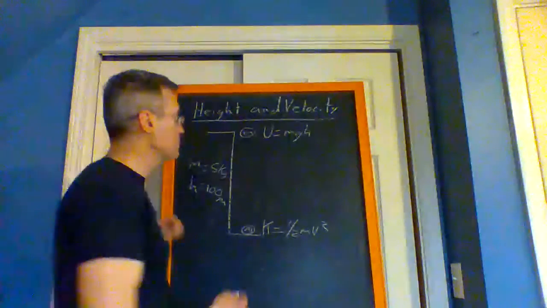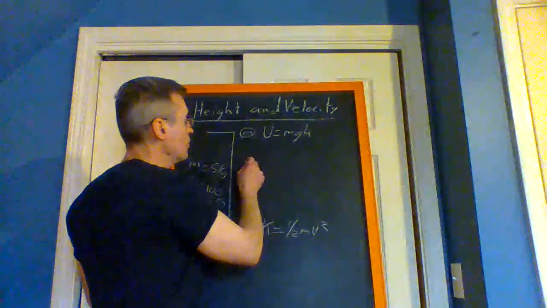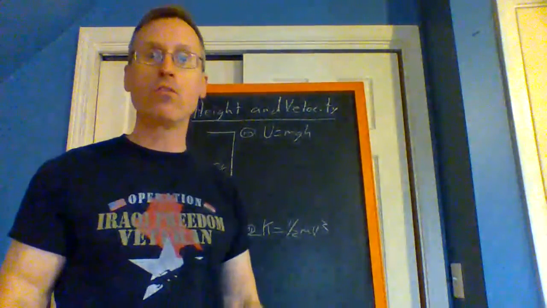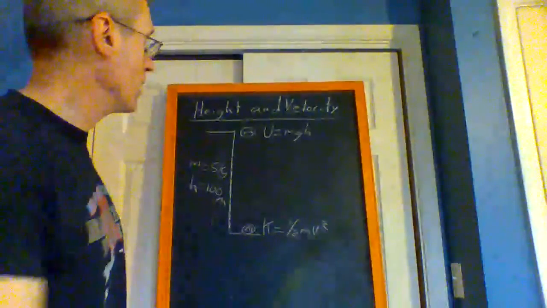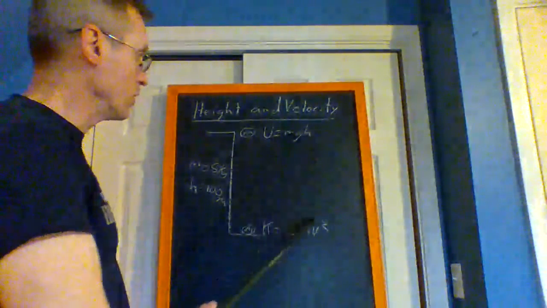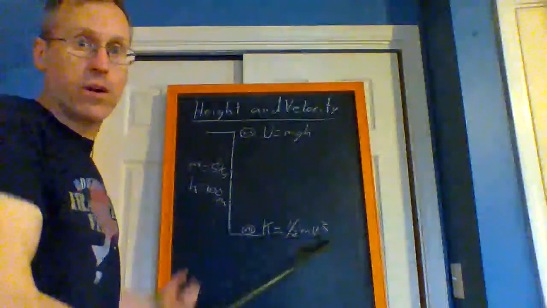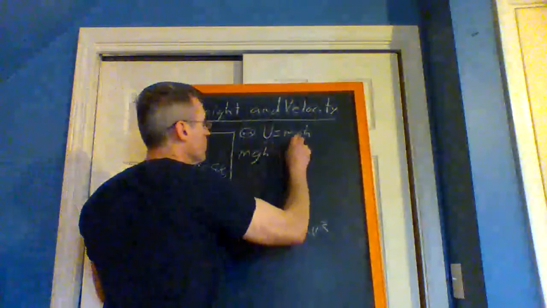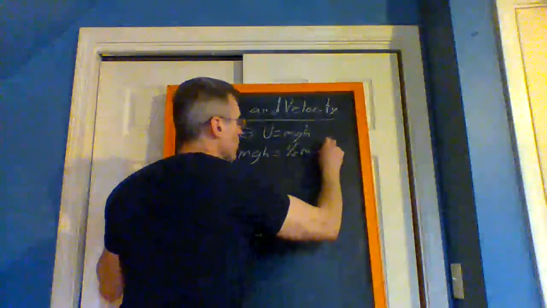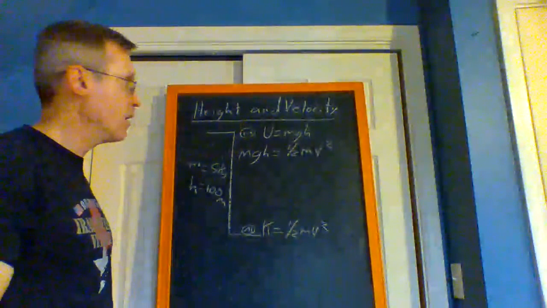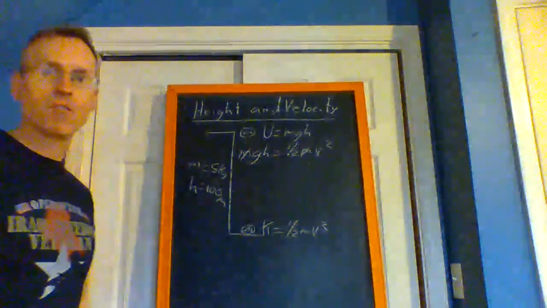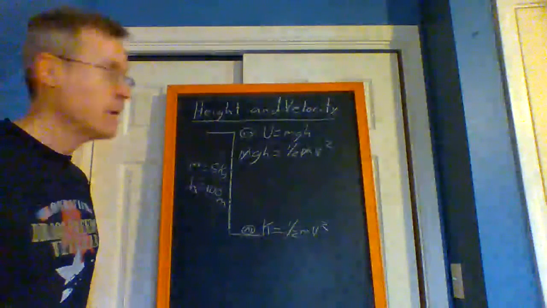Now, because energy is neither created nor destroyed, I can say that the energy that it has right there is equal to the energy that it has right there. So I can just set the two things equal to each other. So here I go. Now notice that the m's go away, as Grandma Golis would say, like so.